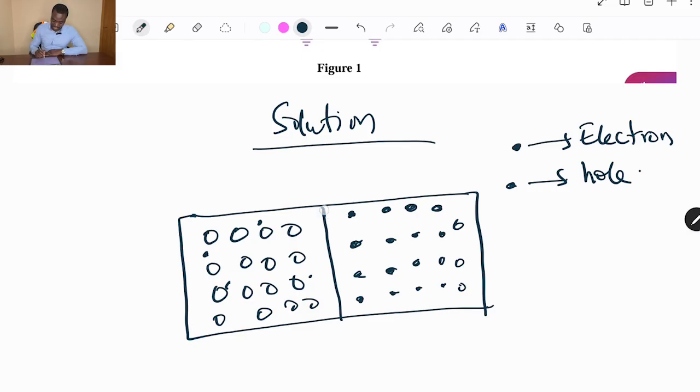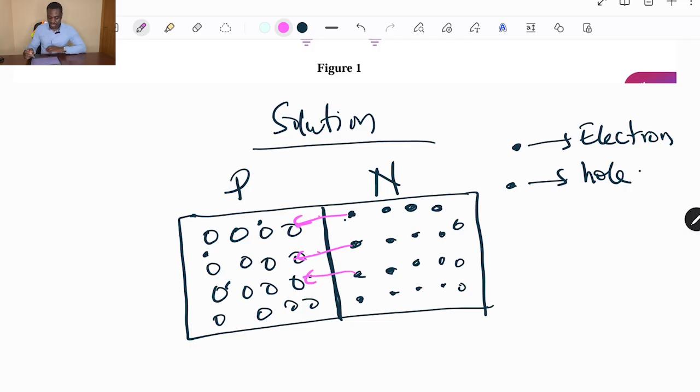This is what we refer to as the PN junction, the thin layer that is separating the P region and the N region.